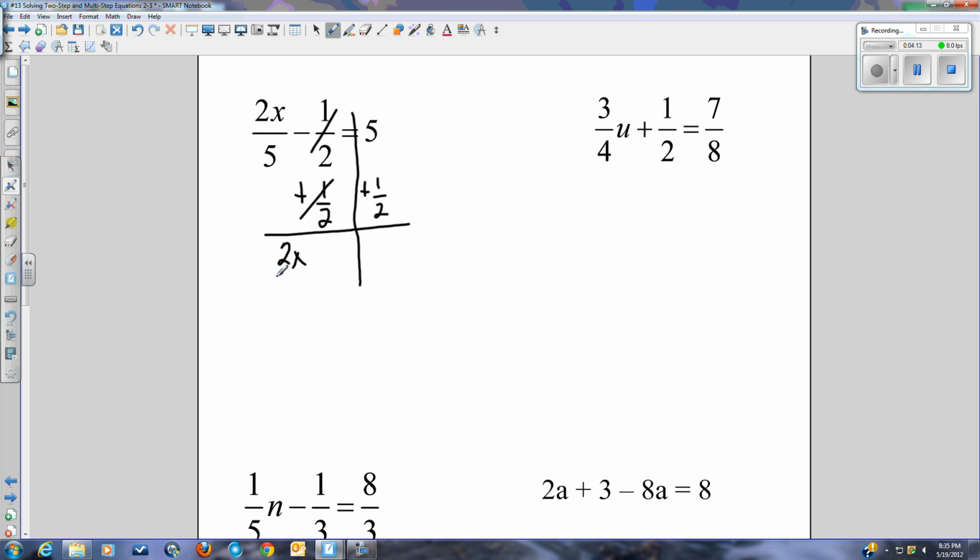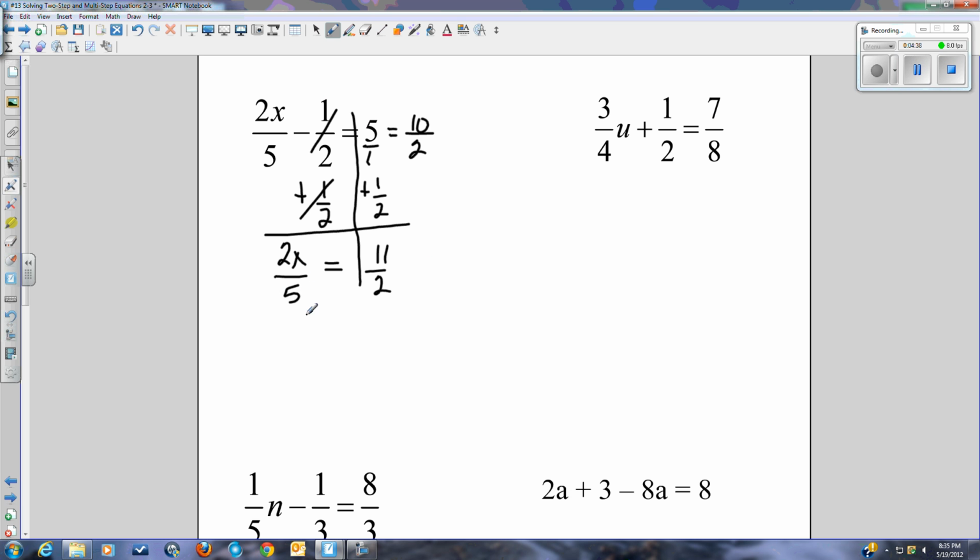We have 2x over 5 equals, well, 5 plus 1/2. I'm going to keep this as an improper fraction, so I do want to change the 5 to something that has a 2 in the denominator. And so remember, 5 over 1 is the same as 10 over 2. So I've really got 10 over 2 plus 1/2, which will give me 11/2.